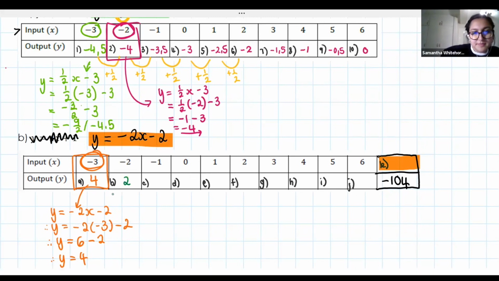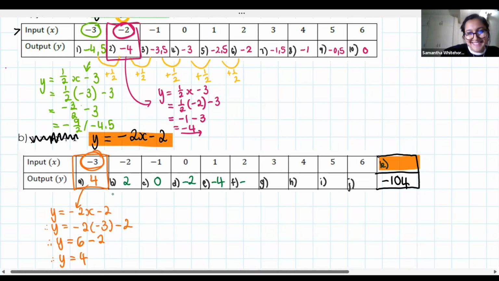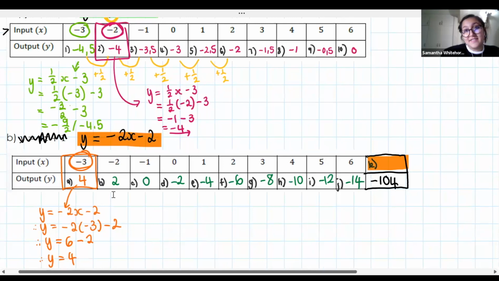In question C, it's 0, -2, -4, -6, -8, -10, -12, -14. What's the last one? 7, ma'am.